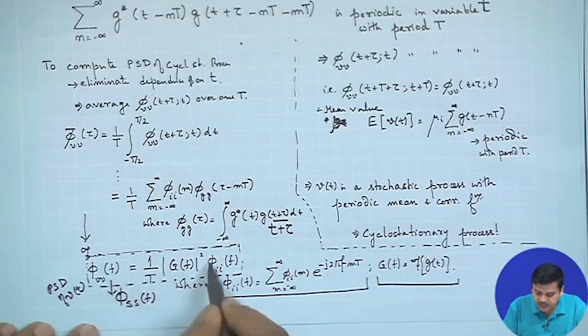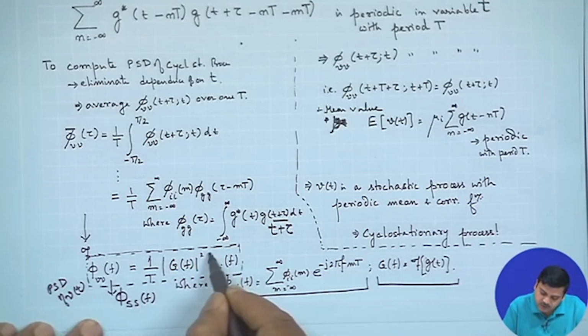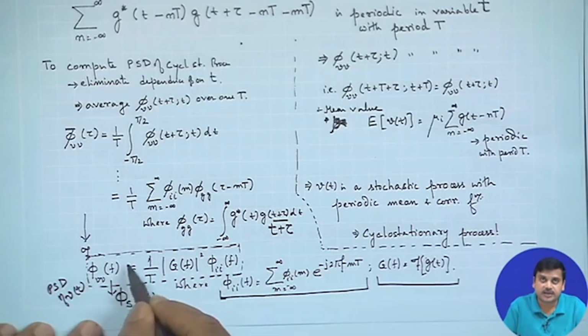You can clearly see that you have a choice to work with the pulse shape, which would result in certain spectral characteristics, as well as you have a choice to work with the information bearing signal, and try to do something with that, so that you get the desired characteristics.